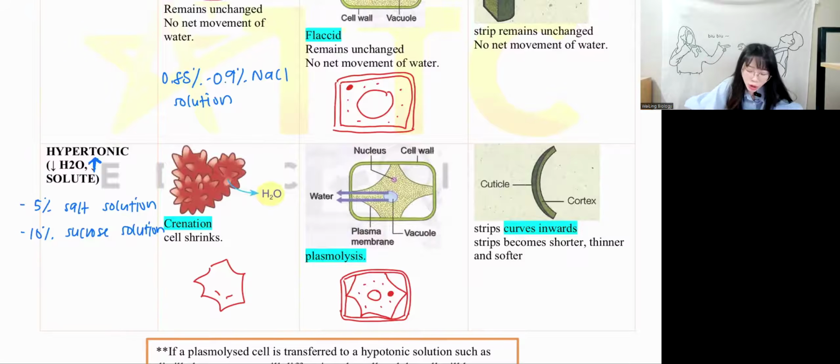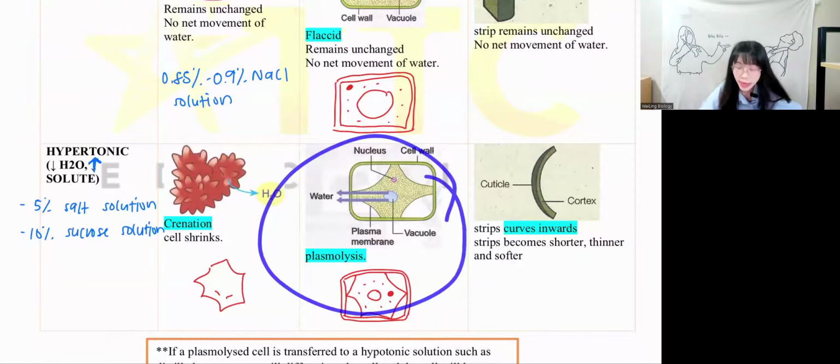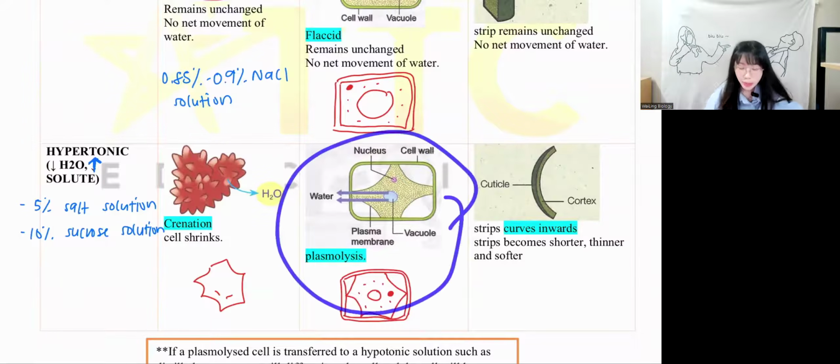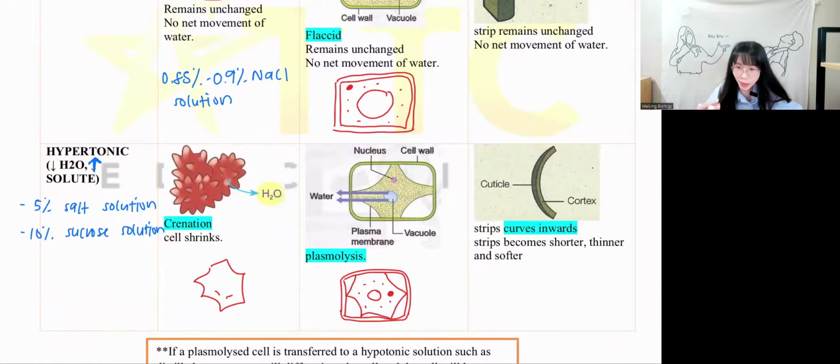So in what situation does a cell undergo plasmolysis? For example, when the soil has no water, you forgot to water your plant, the plant undergoes plasmolysis. Or maybe you put too much fertilizer, the cell undergoes plasmolysis. When the plant is undergoing a wilting process, haven't died yet, can you still save your plant?